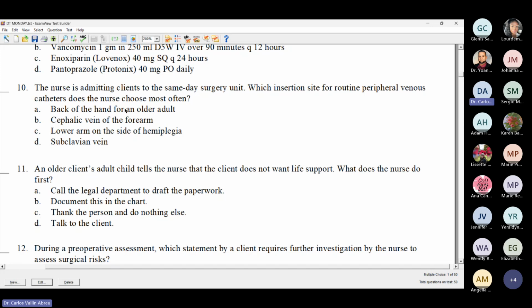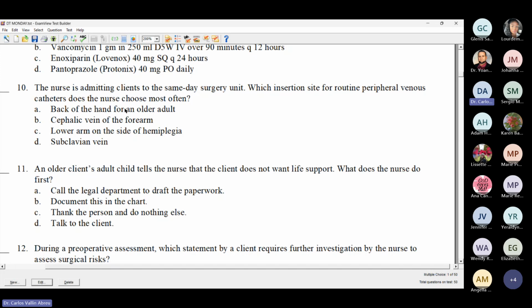I don't know if you've ever seen the homunculus that has a huge lip, a huge tongue, a huge hand, because those are the areas of the body that you feel more, while there are other areas you feel less. In the abdomen you feel very little. In the hand you feel a lot. In the forearm you feel very little.